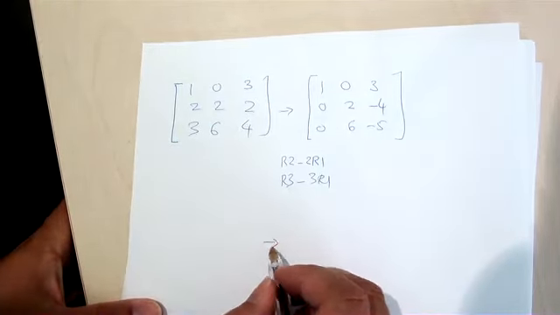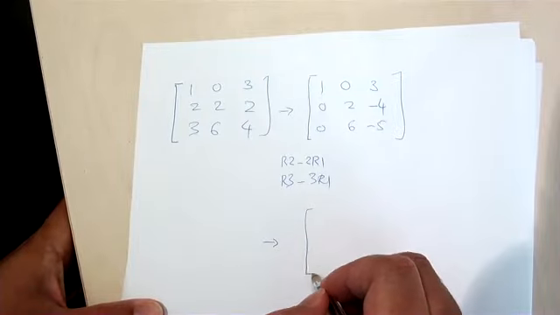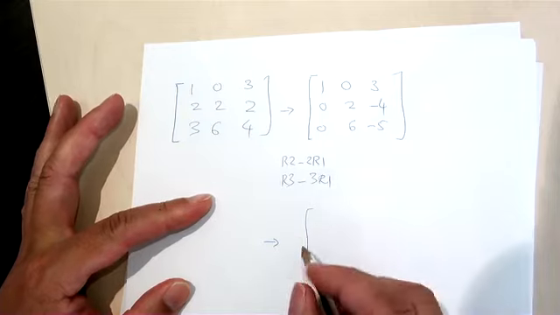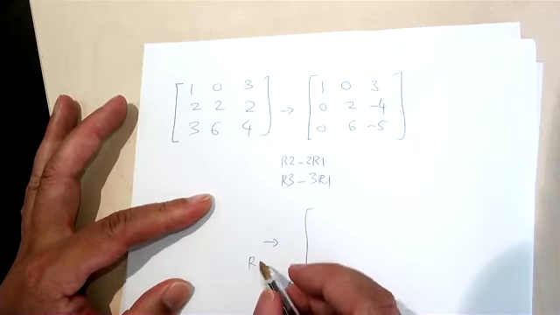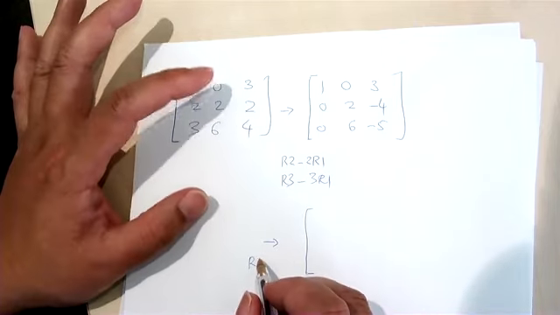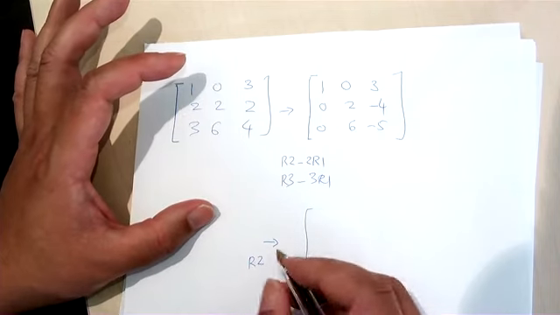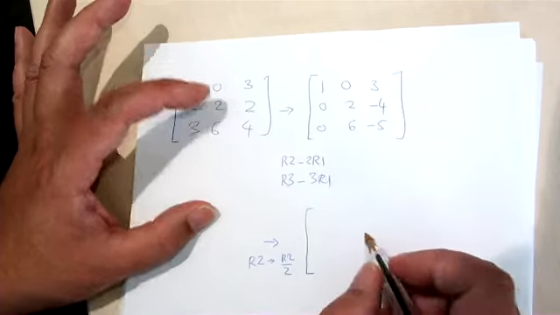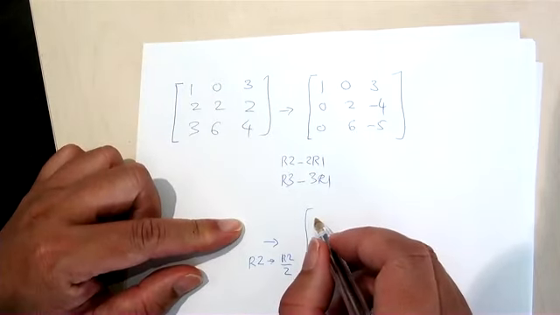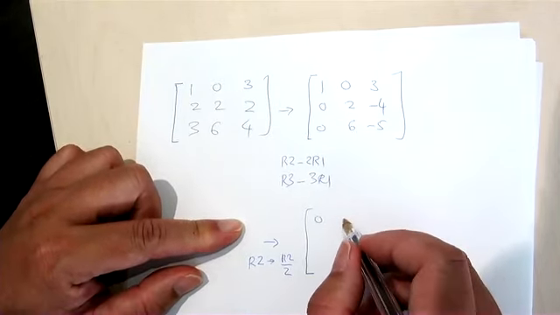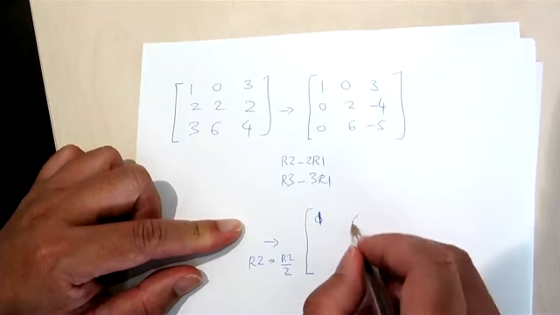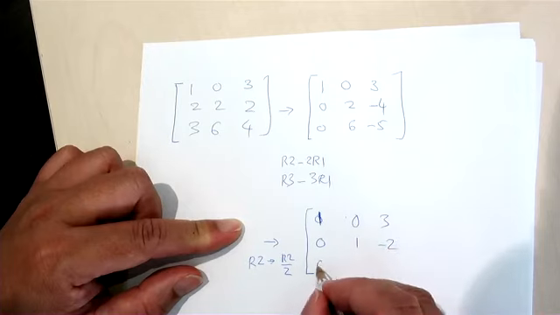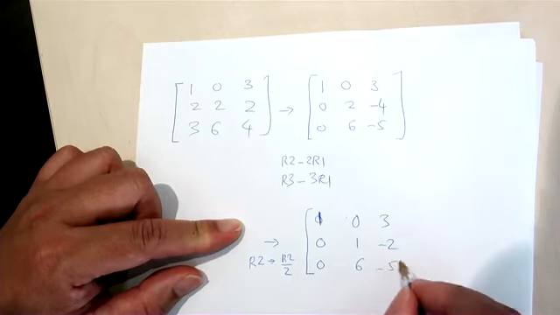Now you do the second step. You take row 2 and divide it by 2. So you have 1, 0, 3, then 0, 1, minus 2, then 0, 6, minus 5.